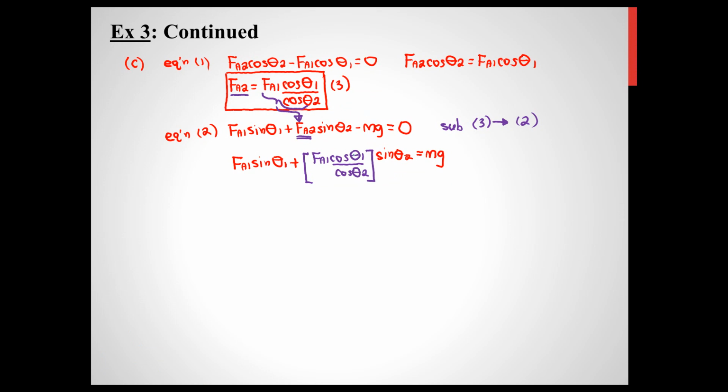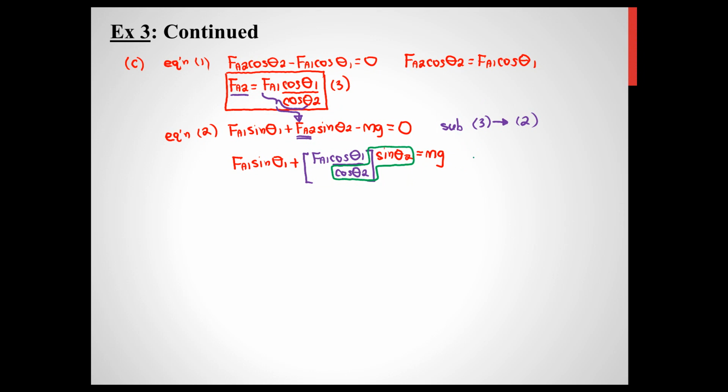Well, I shouldn't say the common denominator is complicated, it's just annoying to deal with. So here's what I'm going to focus on. I'm going to focus on this. Sine theta 2 over cosine theta 2.